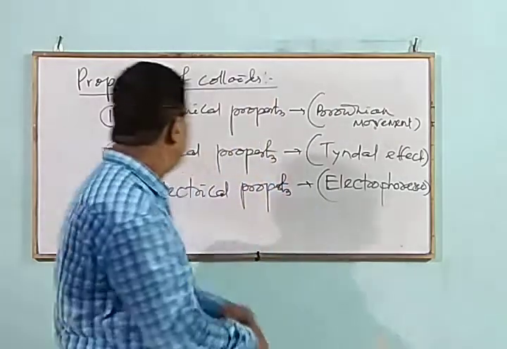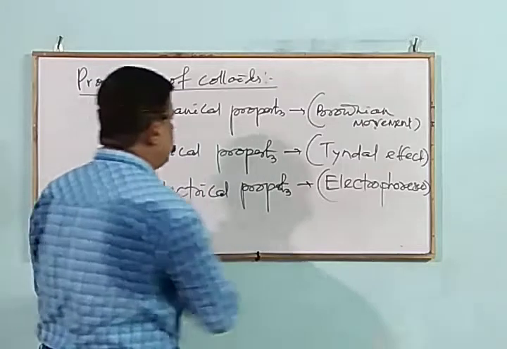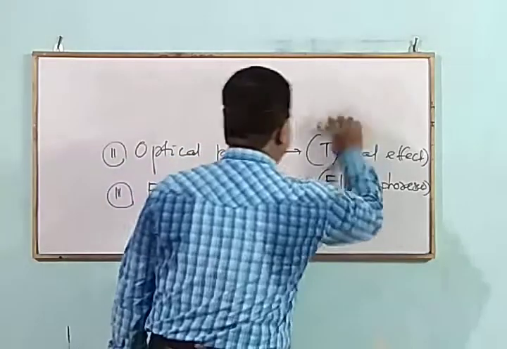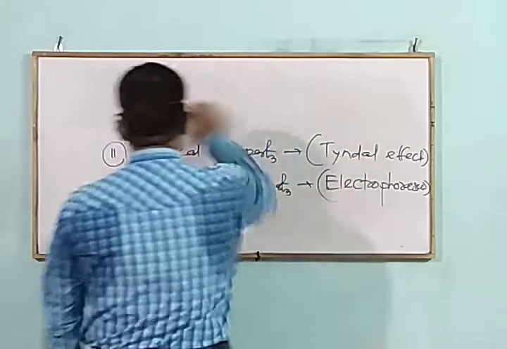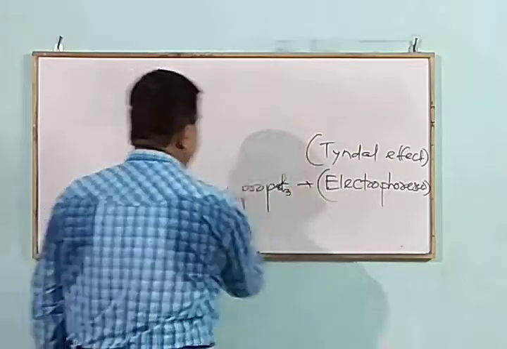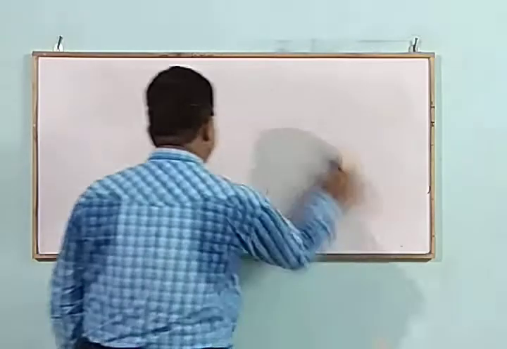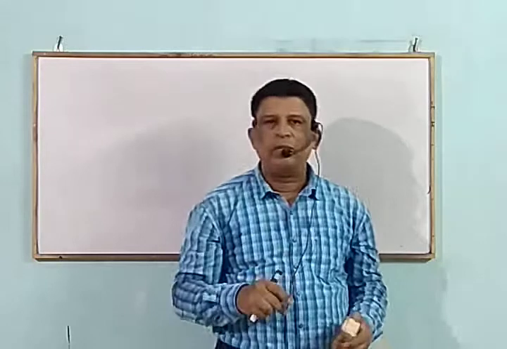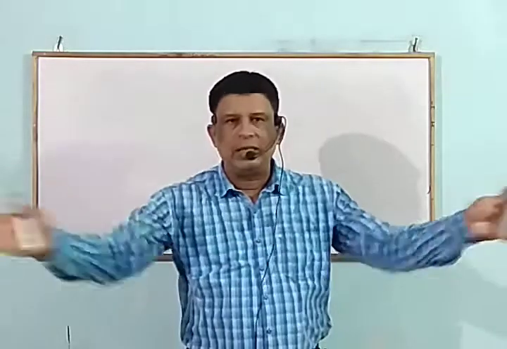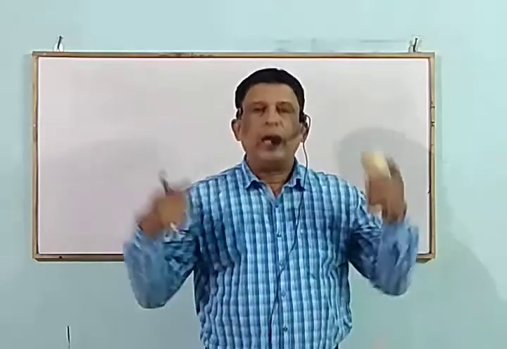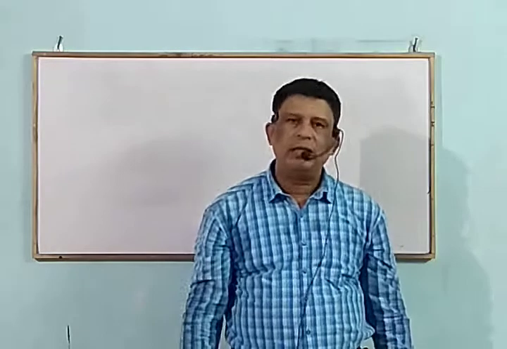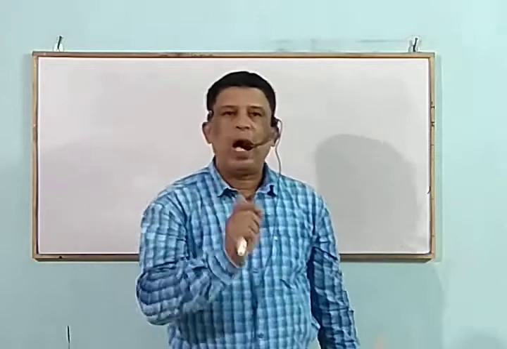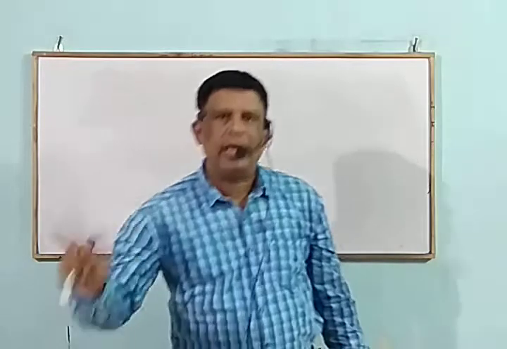Move to the second one, the optical property, known as the Tyndall effect. What is the optical property? Mark that: when a converging beam of light is allowed to pass through a colloidal solution, the path of the beam becomes illuminated.